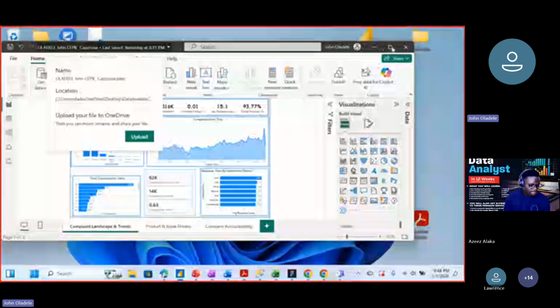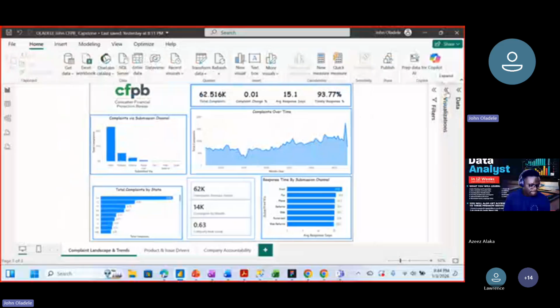Okay, all right, sorry. So this is my Power BI dashboard. I compared the complaints and the channel of submission, and it shows that most people prefer to submit their complaints via web as compared to other channels such as referral, phone, or postal mail.